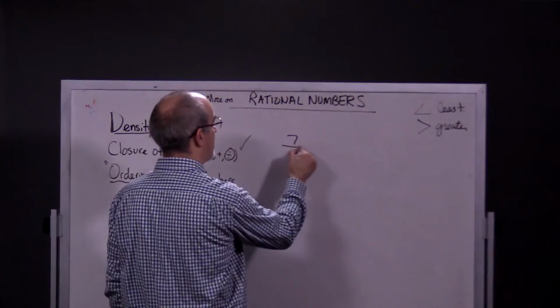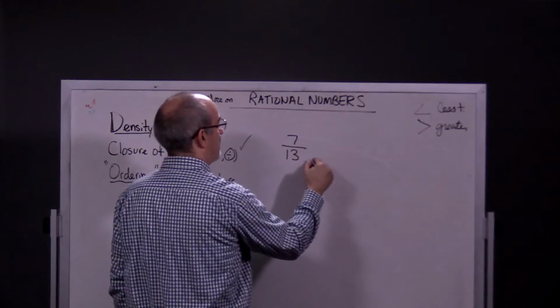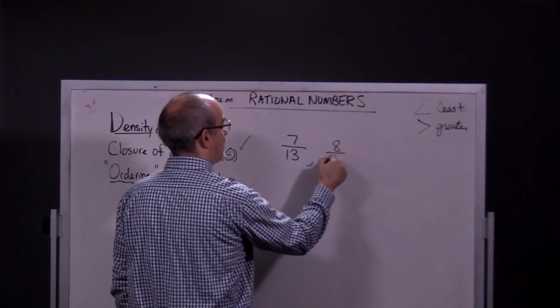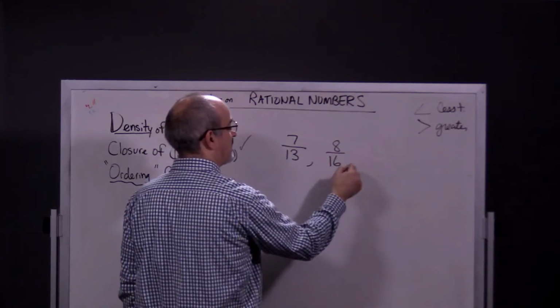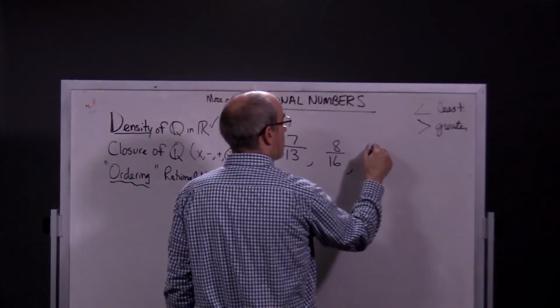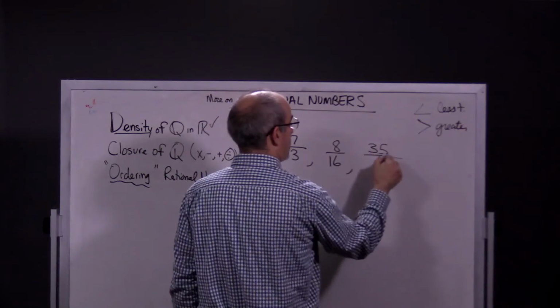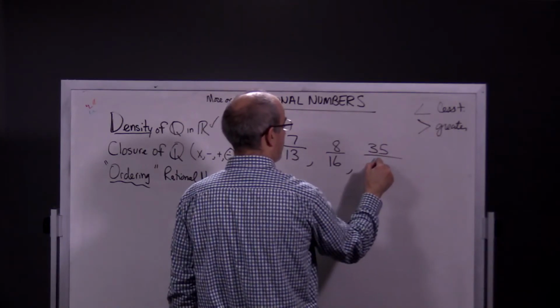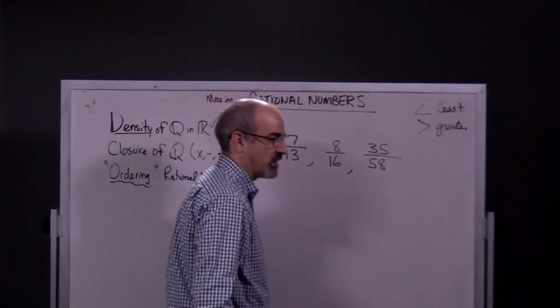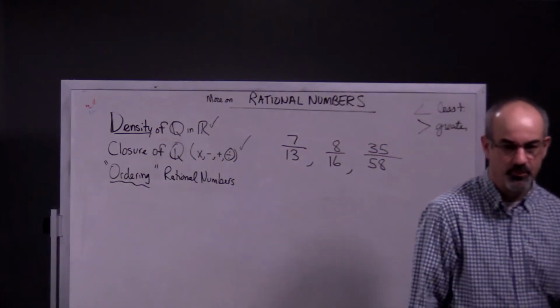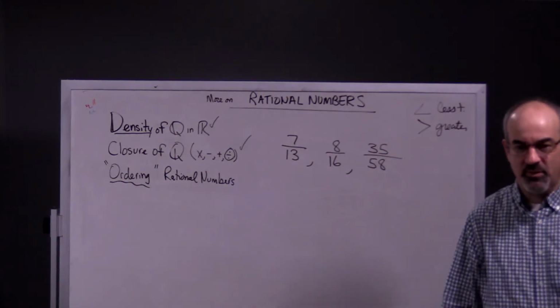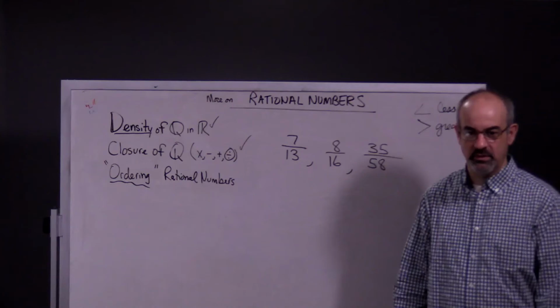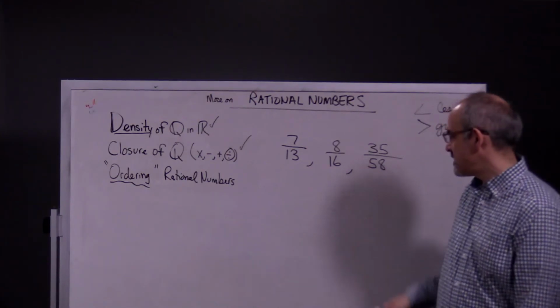Let's say you have 7 over 13, 8 over 16, that's not a good example, but 35 over 58. Trying to make good examples, it's kind of hard to do. Because I didn't plan before, because I don't like to. Not for these. I like to do things as they are.